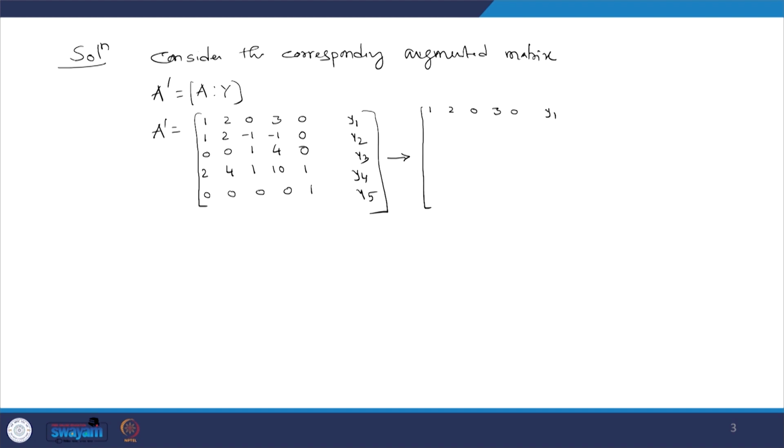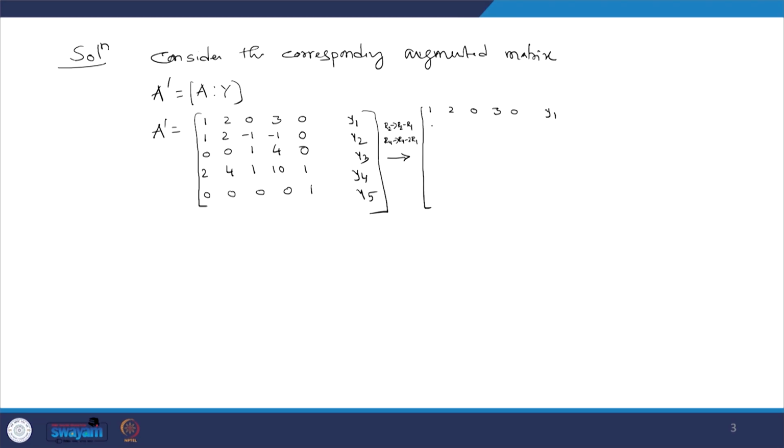So, it is fine. Now, to satisfy the second criterion for the row reduced echelon form, all the entries of the first column apart from the first one have to be 0. So, R2 goes to R2 minus R1 and R4 goes to R4 minus 2 times R1. If I do it, what am I getting?